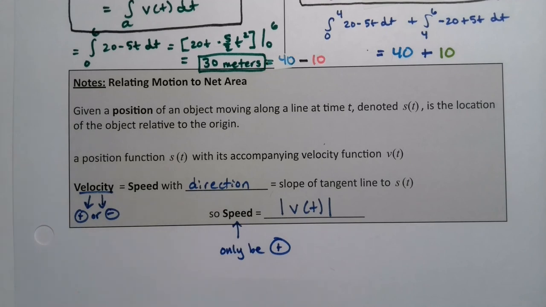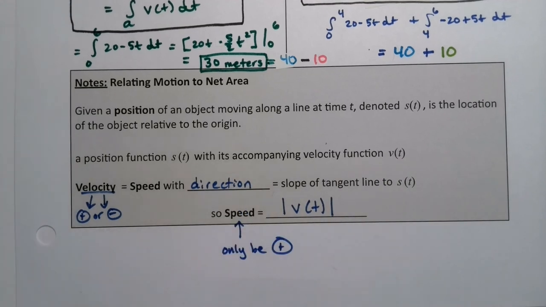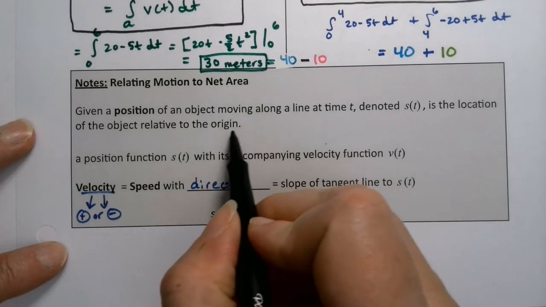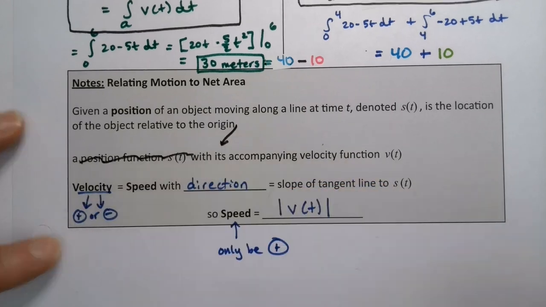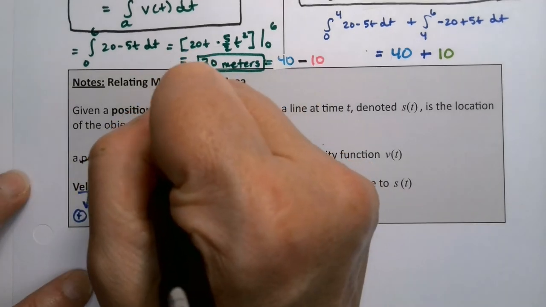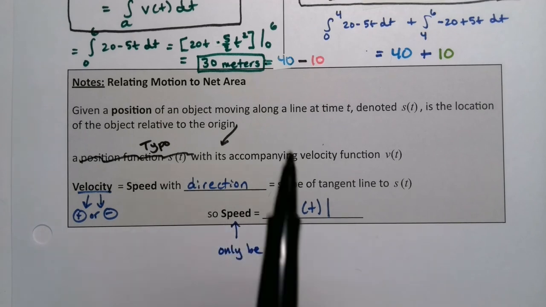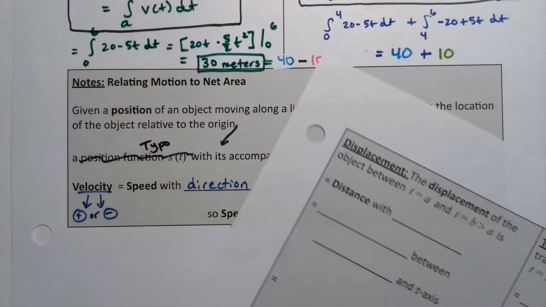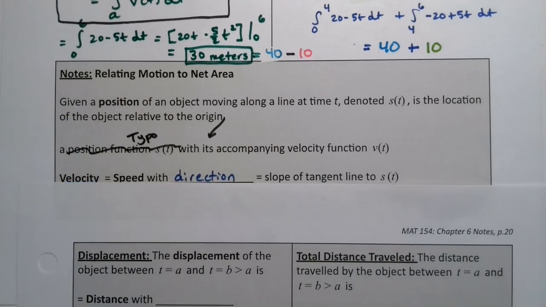Sorry about that, that's a little typo. Just with its accompanying velocity function. Okay, so that's how speed and velocity relate. And then displacement and distance relate similarly, but not quite the same, right?